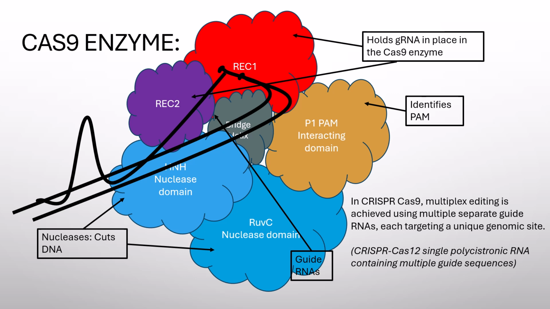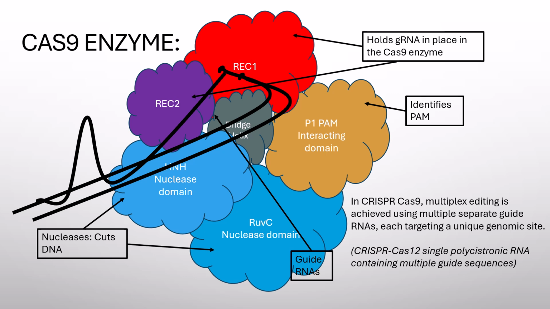This particular Cas9 protein is from Streptococcus pyogenes, and it's a programmable DNA endonuclease. So it basically cuts or breaks DNA.